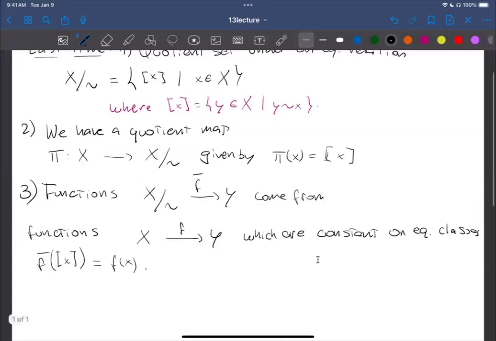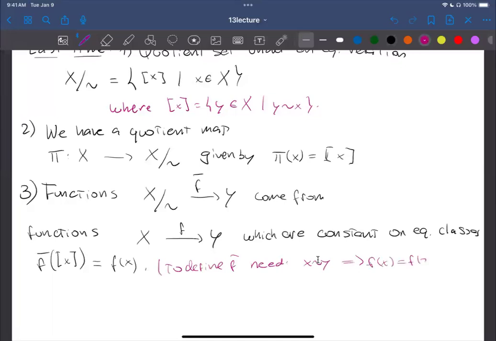So that's how you define functions. Once again, to define f bar, we need the following: x related to y implies f of x equals f of y. That's what we mean by f being constant on equivalence classes.